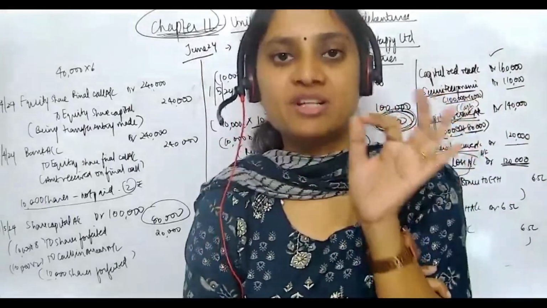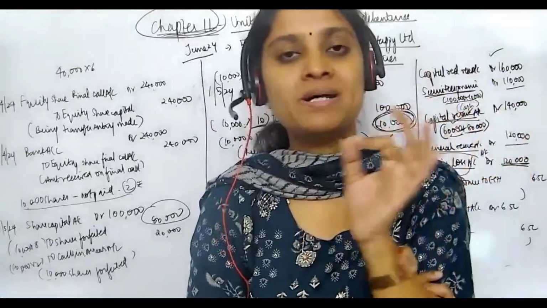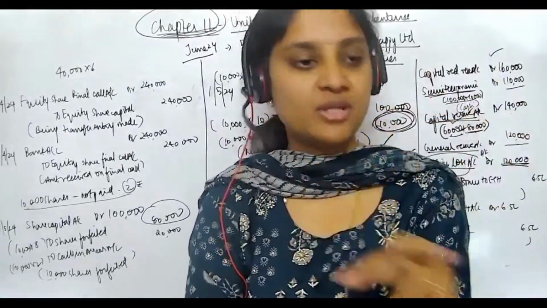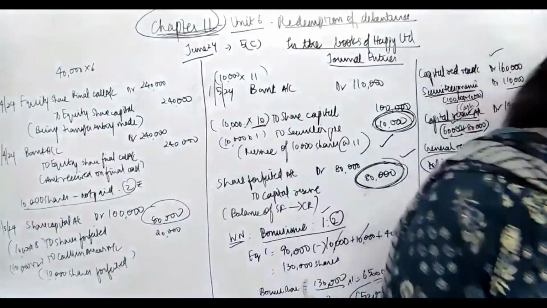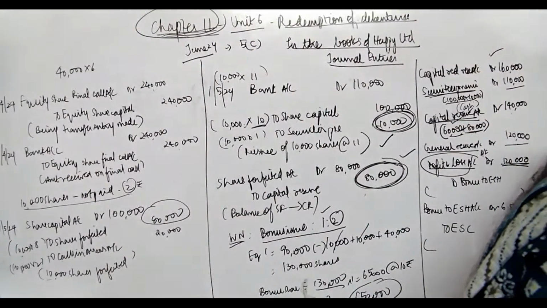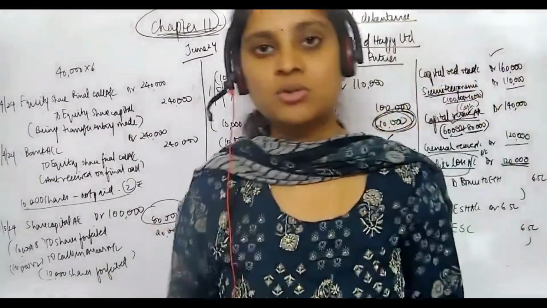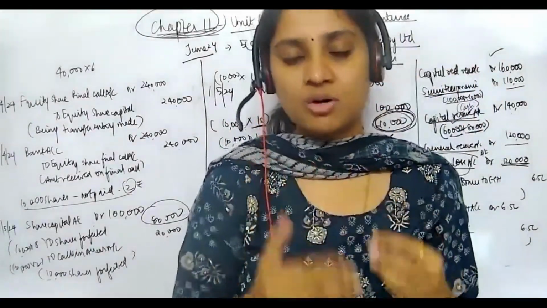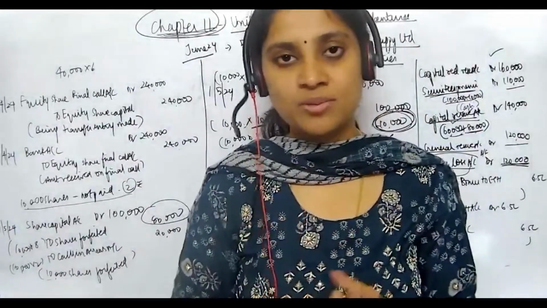Preference share call account debit to preference share capital, that was 25 into the number of shares, 80,000 preference shares. So 80,000 into 25, you will pass that entry. Bank account to preference share call account, whatever final call we receive, the same amount will come.